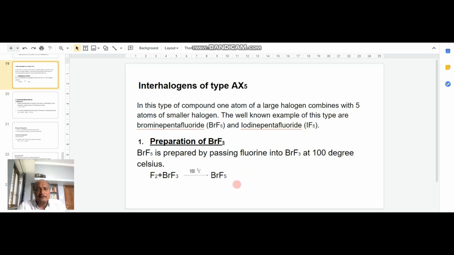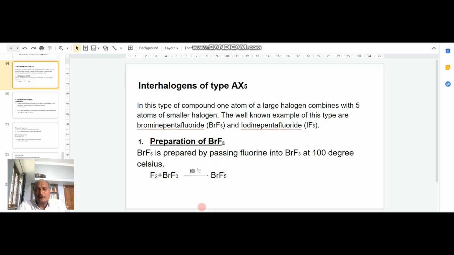So coming to the preparation of bromine pentafluoride. Bromine pentafluoride is prepared by passing fluorine into bromine trifluoride at 100 degrees Celsius.